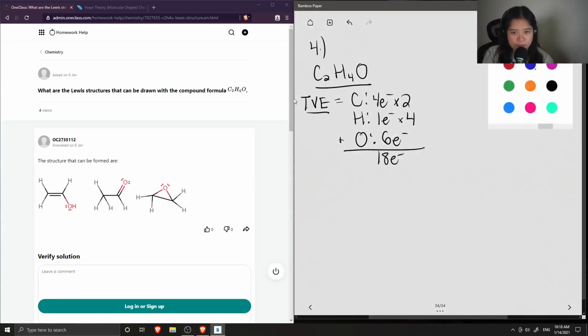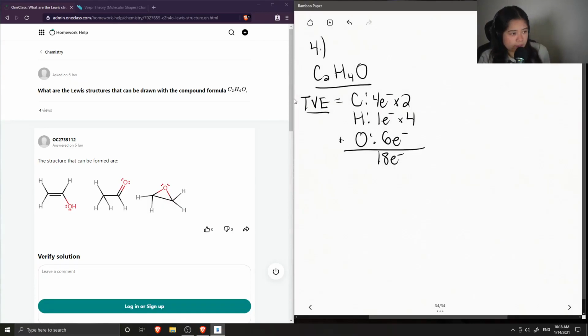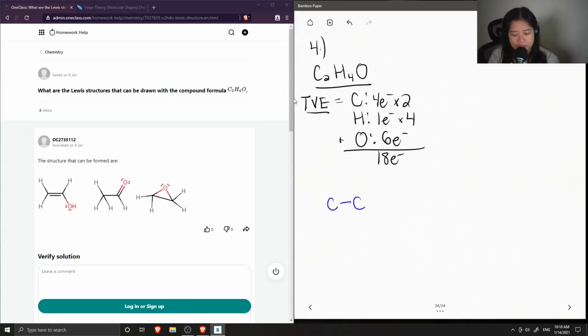So now let's try to write out some plausible structures for this formula. So we know that when we have just carbon, carbon, and then single bonds to the hydrogens, we need to draw a double bond in there somewhere.